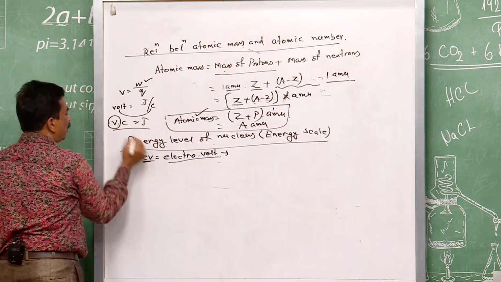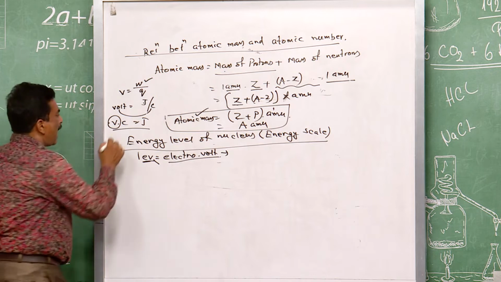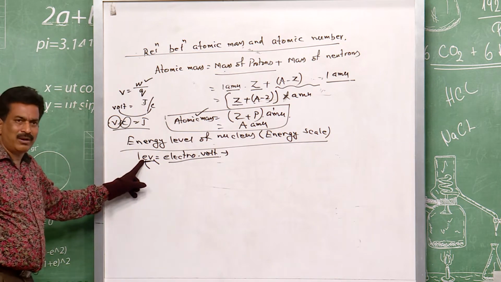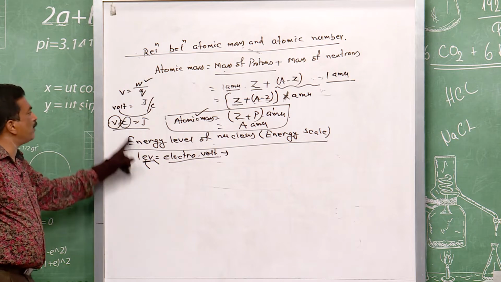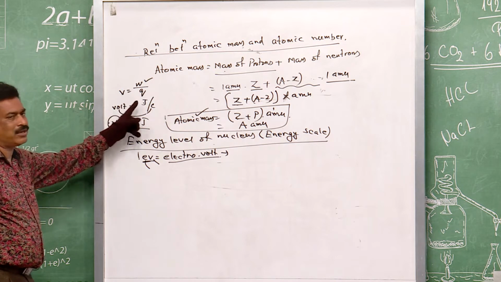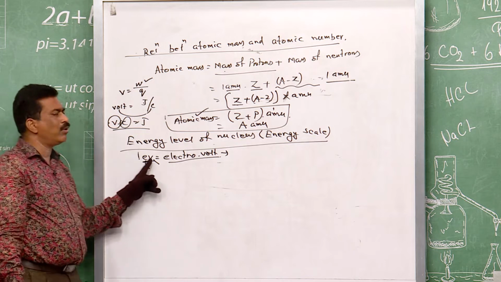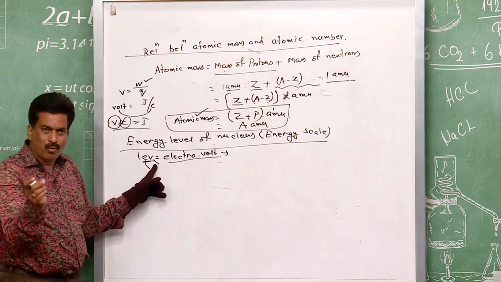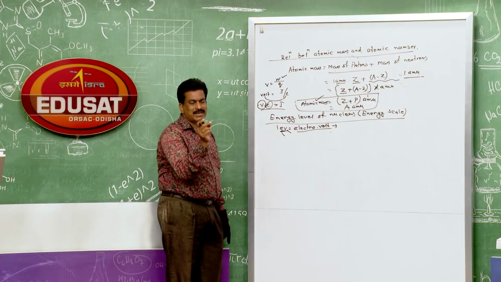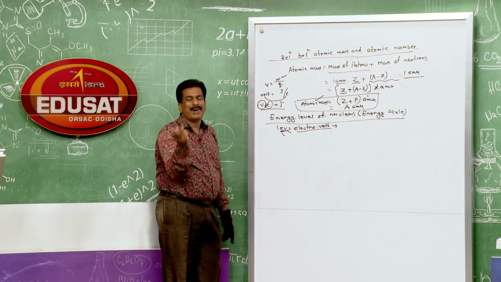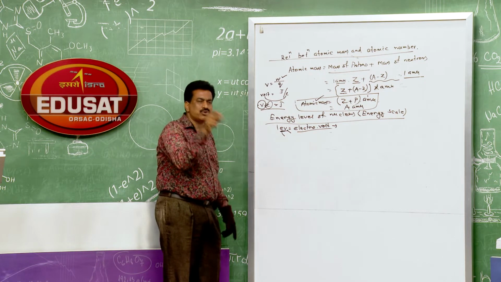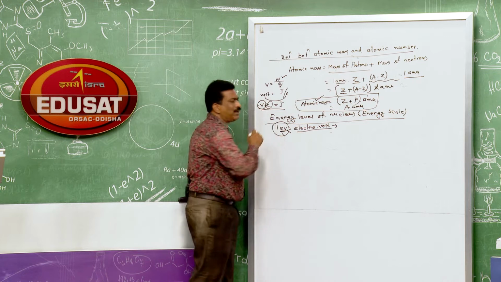So for one electron, the amount of energy required to cover a potential difference of 1 volt, that is known as the electron volt.